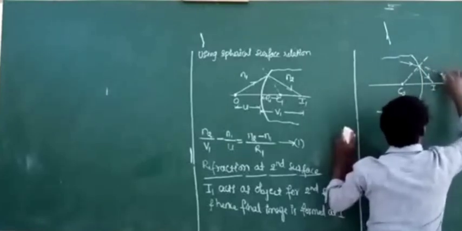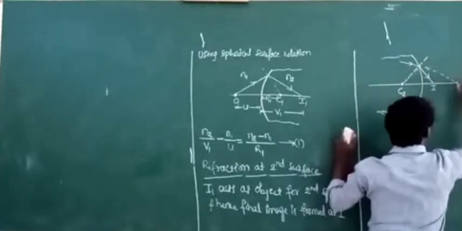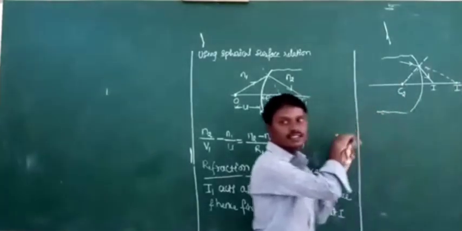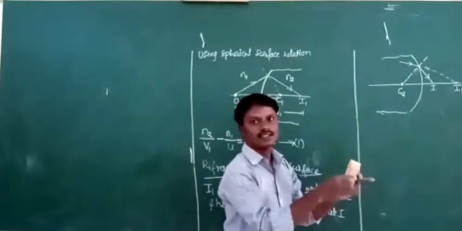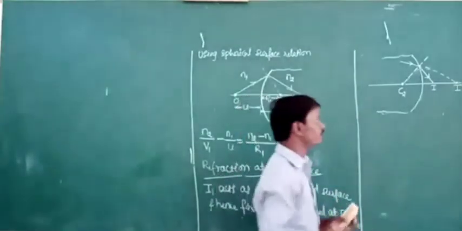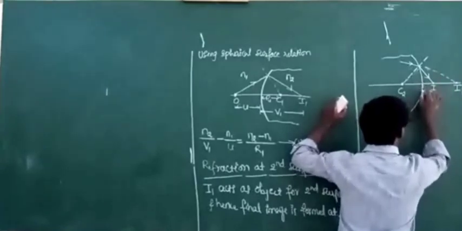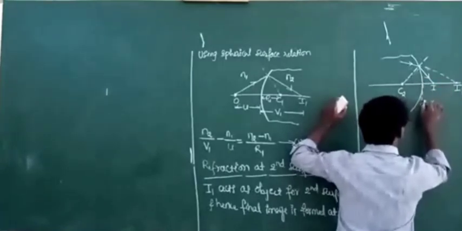But this I1 acts as the object for the second surface. I1 is inside the lens, and I is inside the rarer medium. The distance of the final image from the second surface is V.